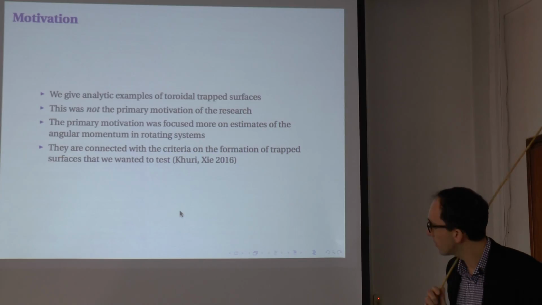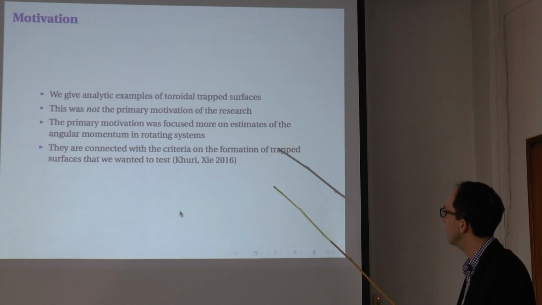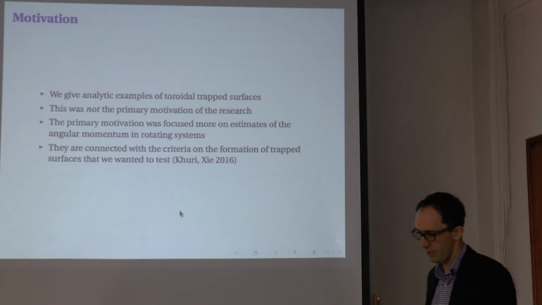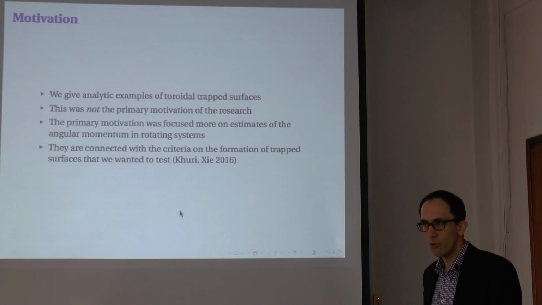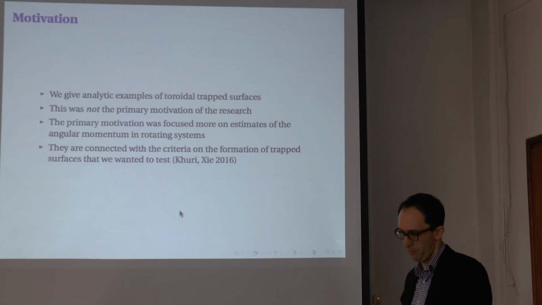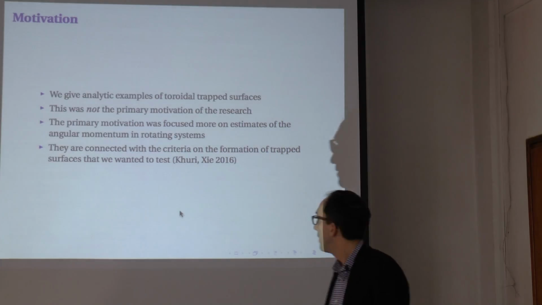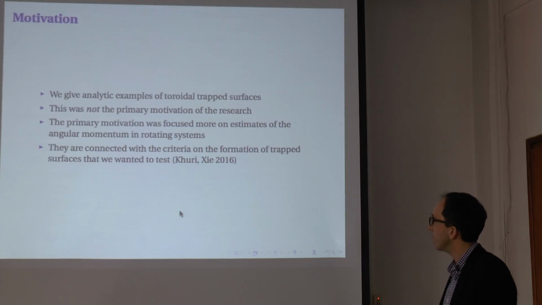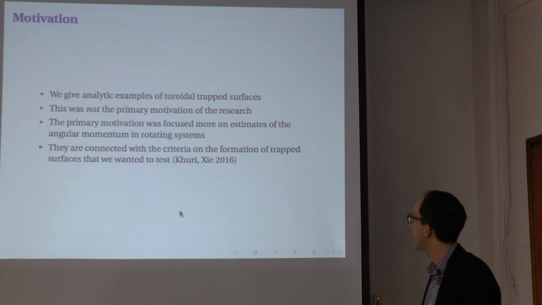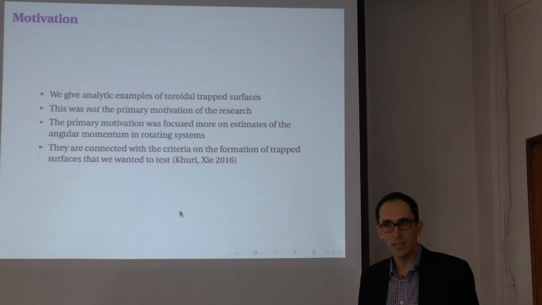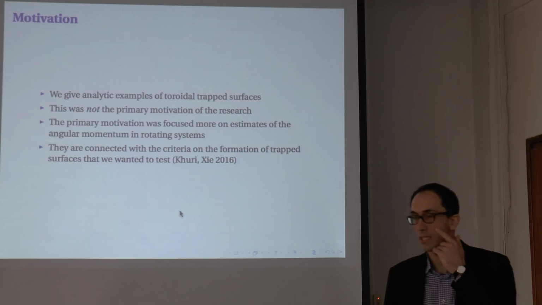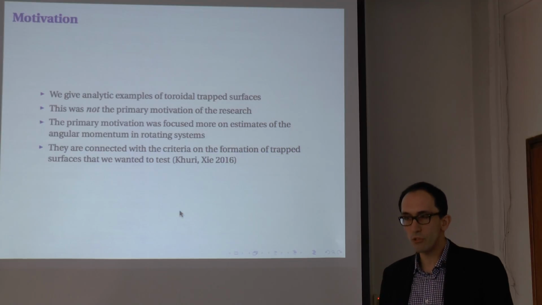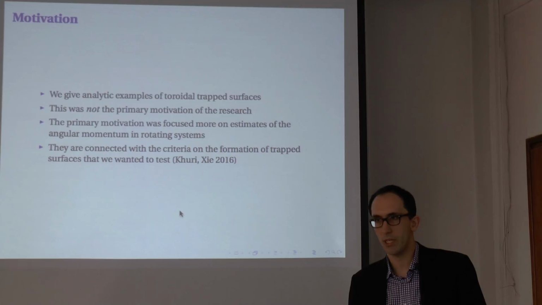In particular, we were working on systems that consist of a black hole and a self-gravitating torus or disk of fluid rotating around a black hole. Now it turns out that to give a proper and well-working estimate on the angular momentum, a relation between the angular momentum and the size of the configuration and the mass in such a case is not trivial, and it's sort of work in progress.